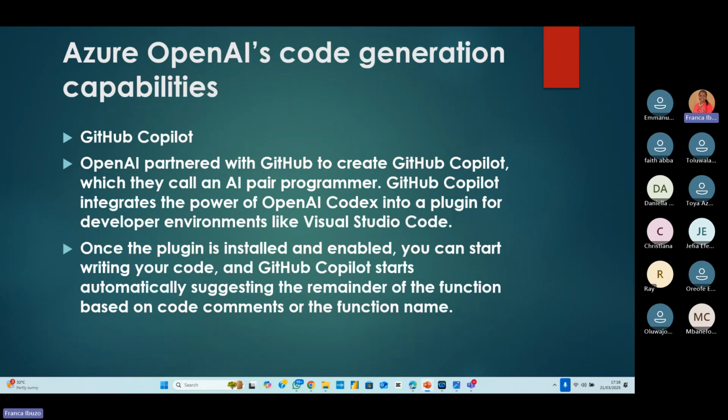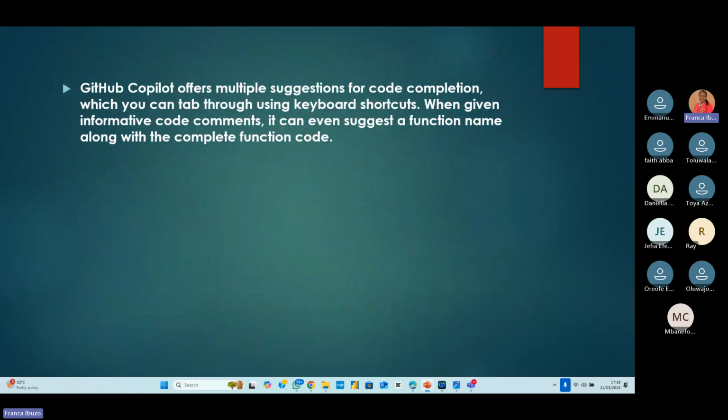Once the plugin is installed and enabled, you can start writing your code, and GitHub Copilot starts automatically suggesting the remainder of the function based on code comments or the function name. So that's what GitHub Copilot will do for you.